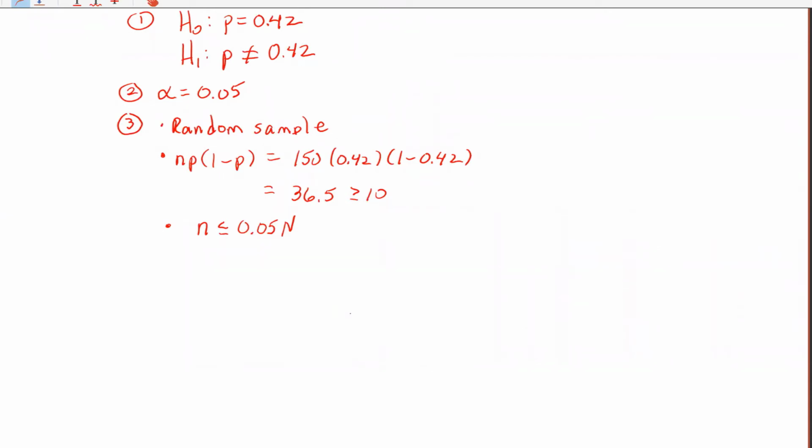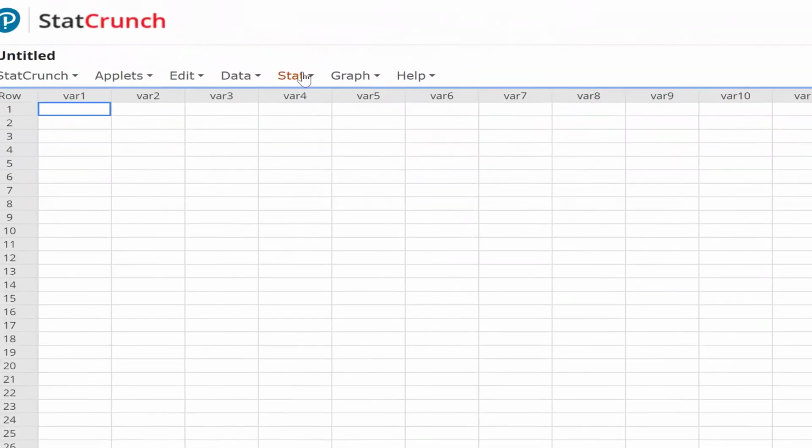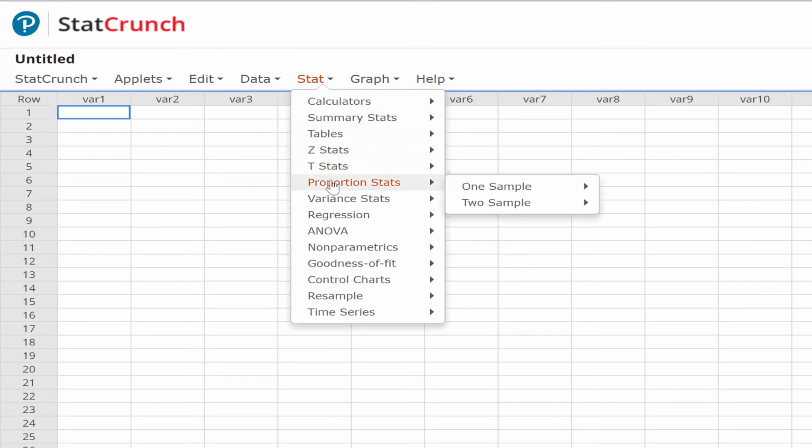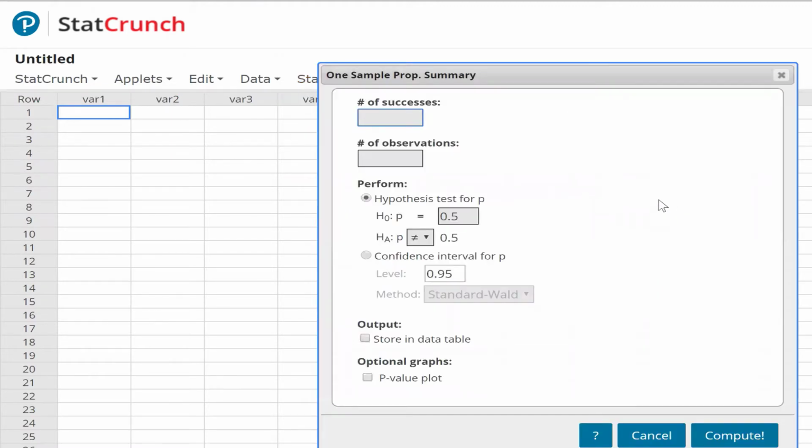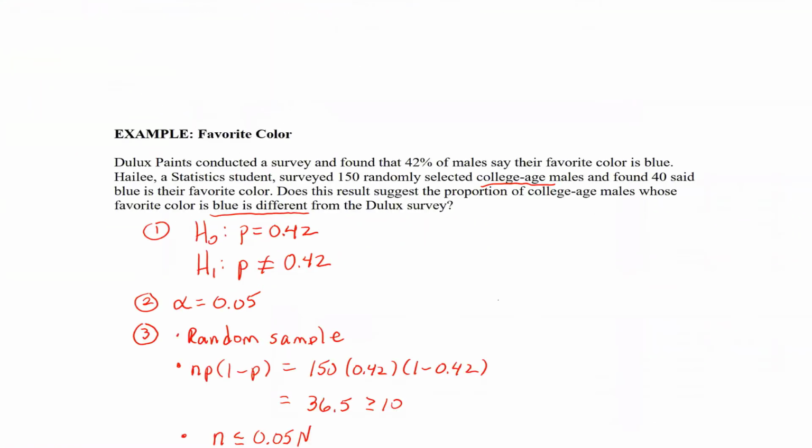So now what we're going to do here is just jump right to StatCrunch. And we're going to select stat, proportion stats, one sample. In this case, we have summarized data, so with summary. Now, how many of the males in our survey said blue is their favorite color? It was 40.